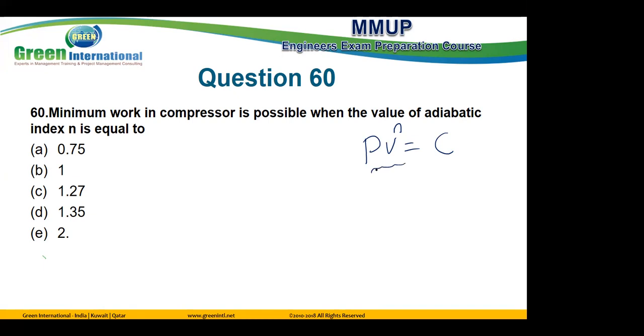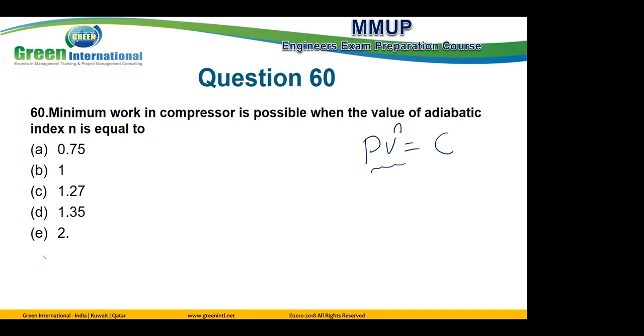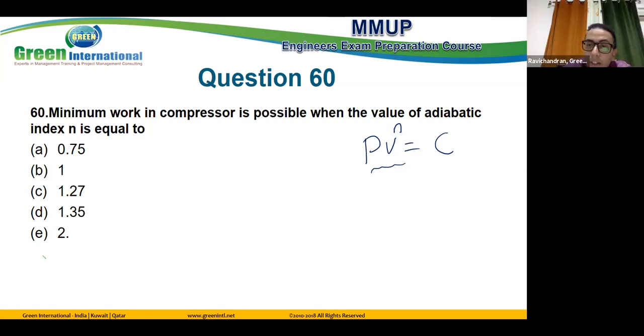When n equals 1. If n equals 1, then PV equals constant.